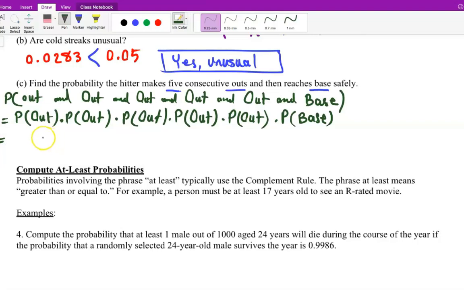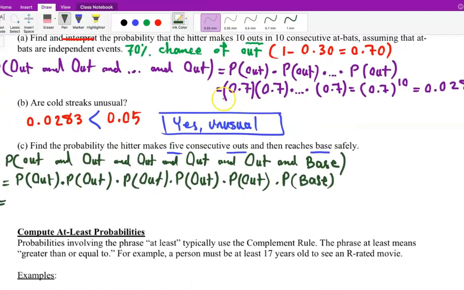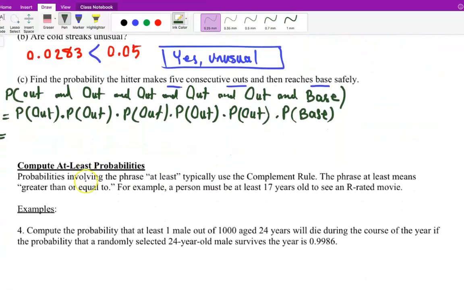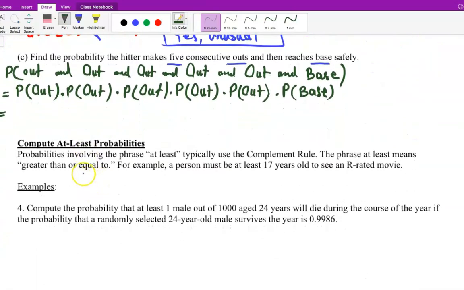The probability for out was 70% and for base was given as 30%. Adding out and base, 70% plus 30%, you should have 1, so 100%.